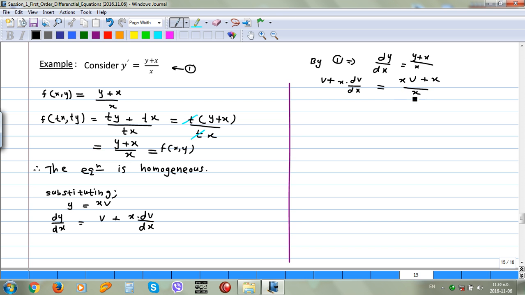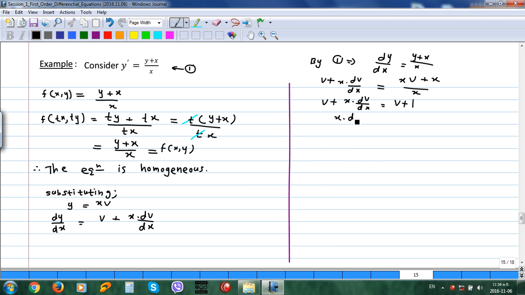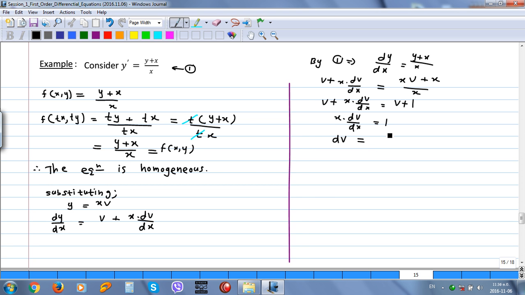So you can divide by x, then here remaining v + x dv/dx = v + 1. Then v and v cancel, so x dv/dx = 1. So we can separate: dv = (1/x) dx.